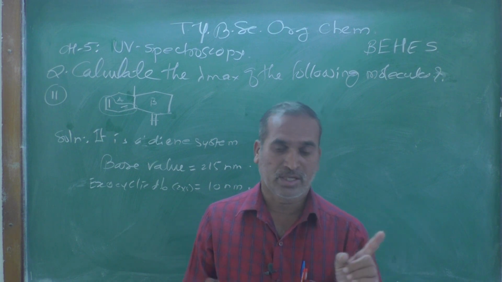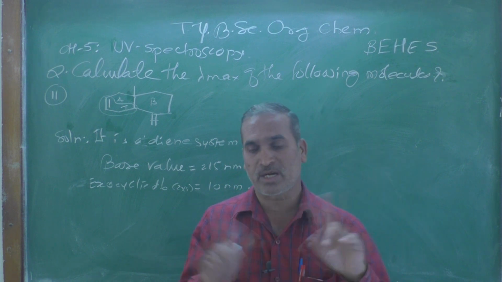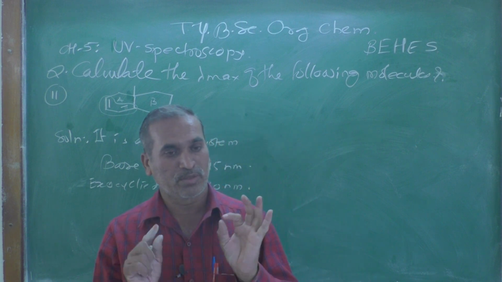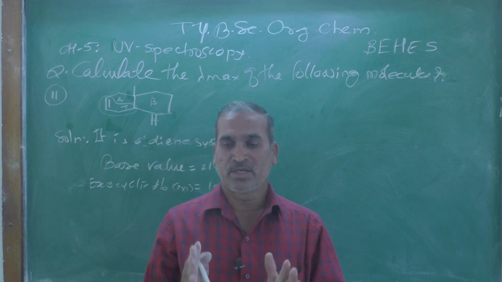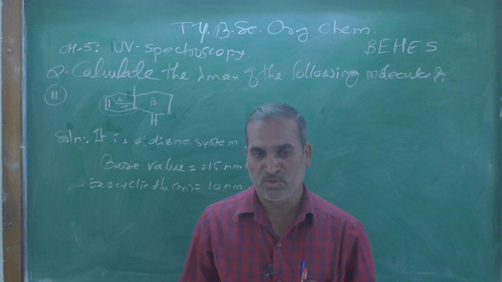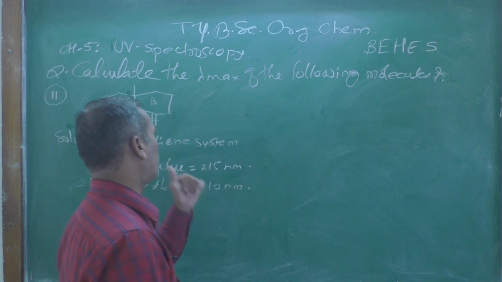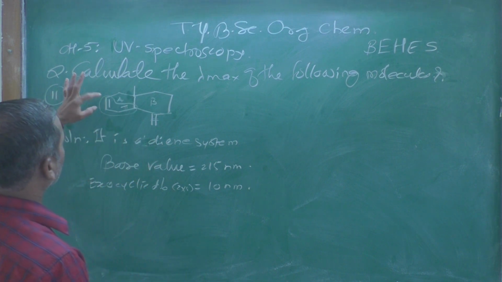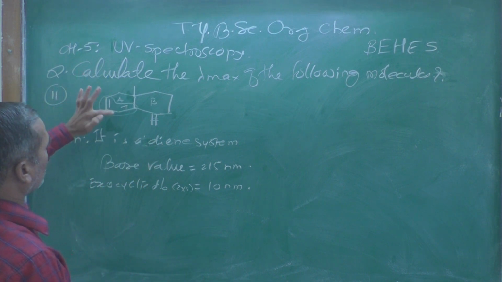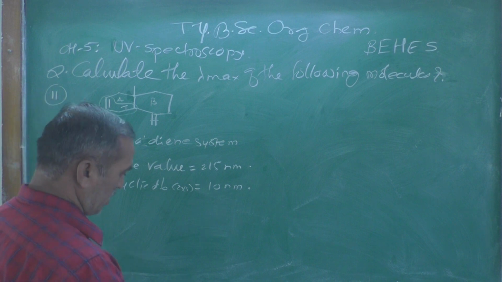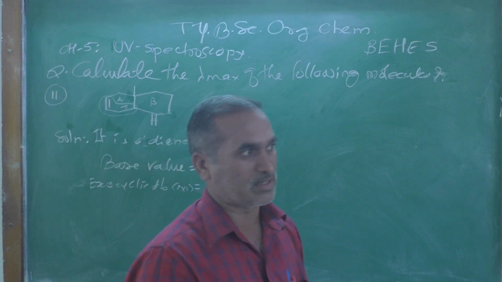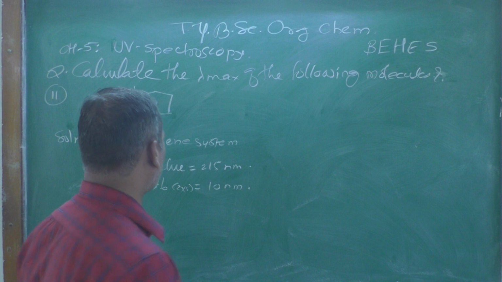If the double bonds are separated by two bonds, if it is an isolated system, it is not considered a homoannular system. Please note it down, because a homoannular system is this way: carbon-carbon double bond, single bond and double bond. This type of system we can call a homoannular system.